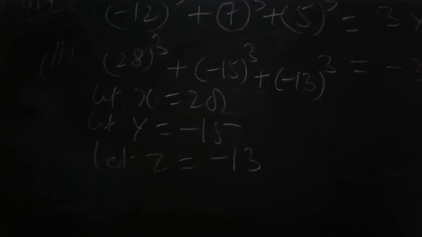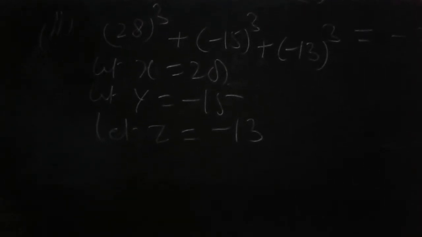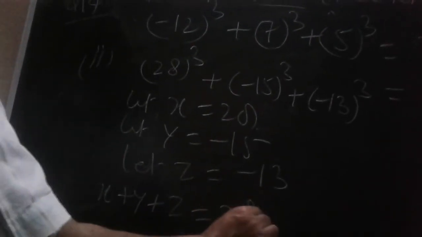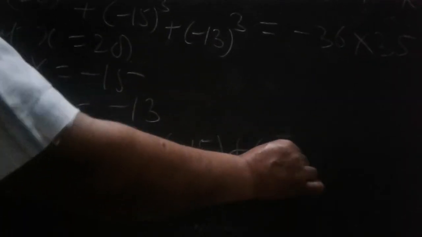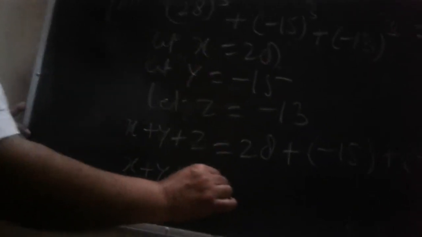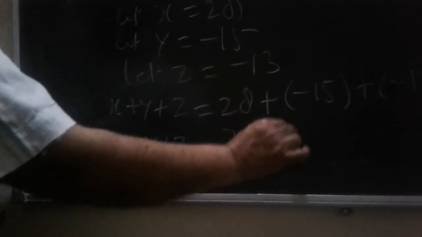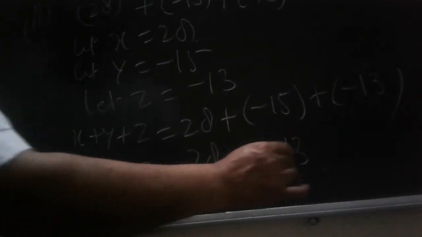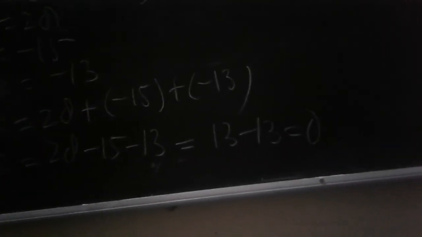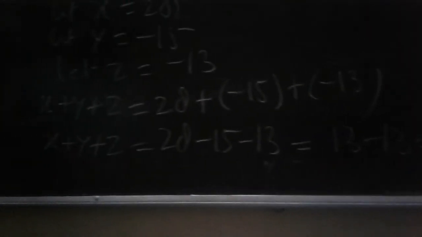Now we find x plus y plus z: 28 minus 15 minus 13 equals 13 minus 13 equals 0.